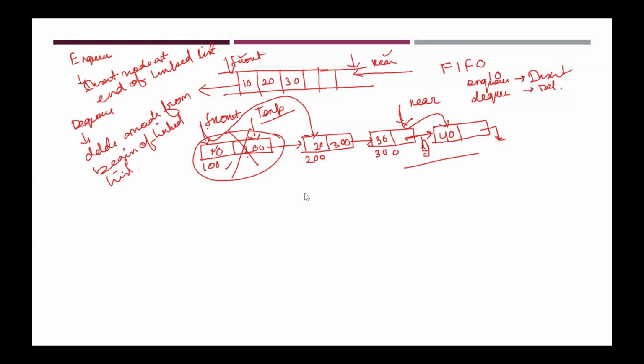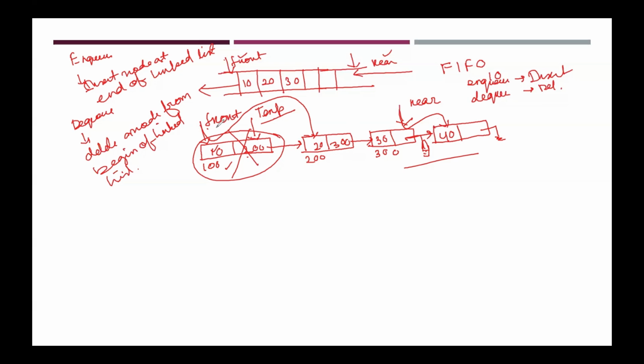So this is the way we can implement the queue operations with the help of a linked list. The main operations are NQ and DQ. Whenever we go for the linked list, this pointer we call the start and this pointer we call the last.